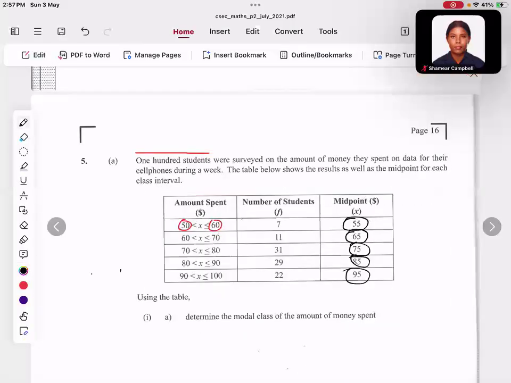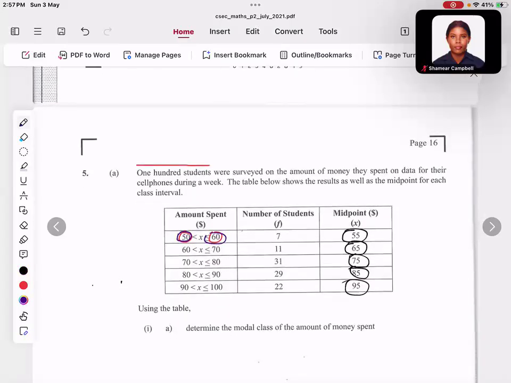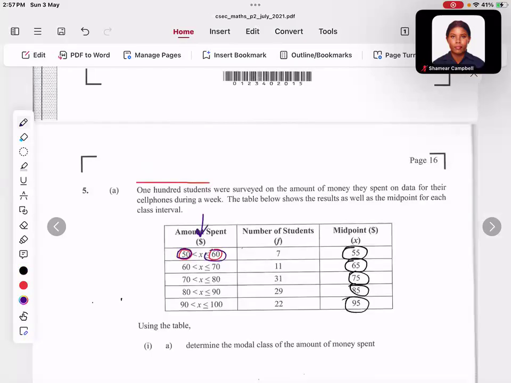Yes, Antonia, correct. We add the upper and the lower limit and divide by 2. So if you notice here, we added the 50 and the 60, and we got 110, and we divide it by 2, and we get 55. Can I run over that again? As in how we get the 55? We added the 50 and the 60 and divide by 2.